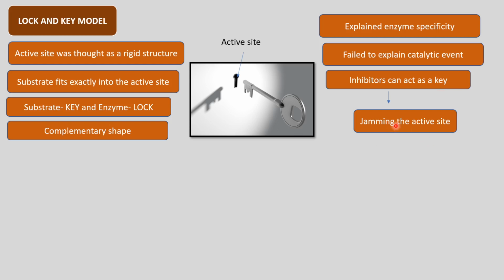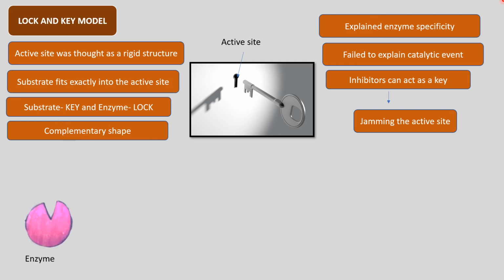So in this way there are some flaws in the Lock and Key model, and actually later on this model was rejected and the model that was accepted was the next model, which is induced fit.